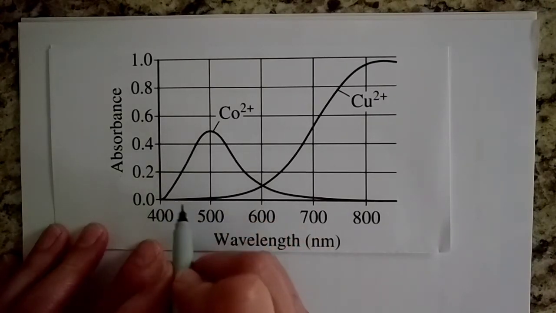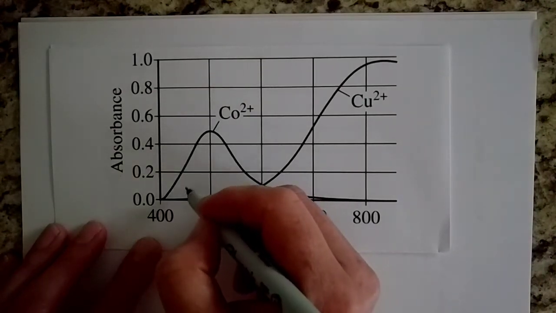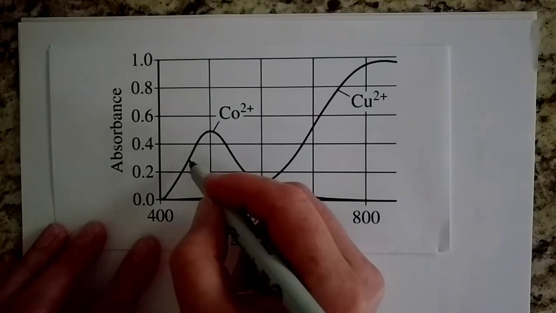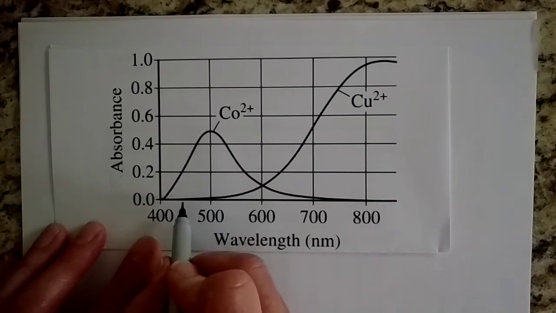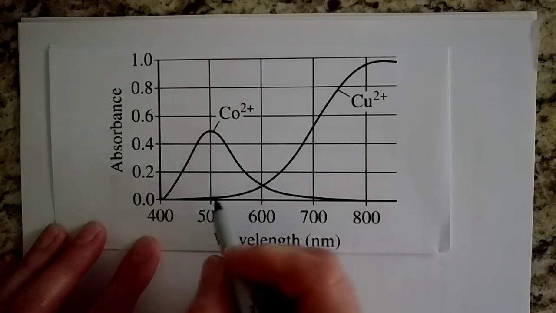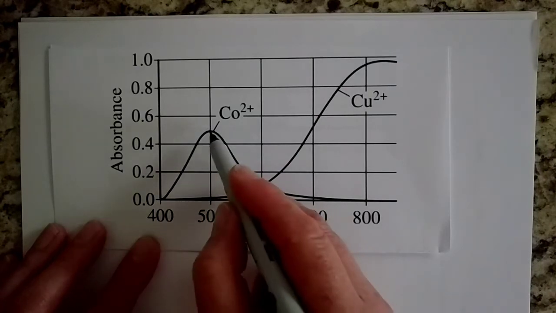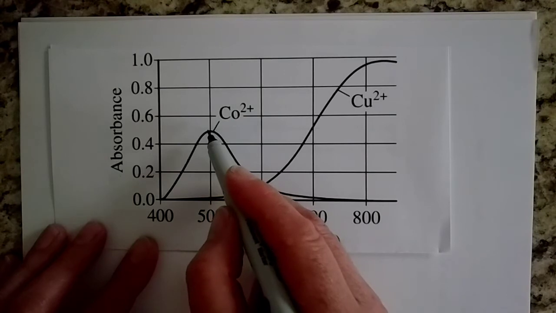If we move our wavelength on the monochromator to 450, now the cobalt is absorbing. We go up here, so maybe that's about 0.25. So our solution is absorbing at 450 nanometers. At 500 nanometers, with the same solution of the cobalt(II) nitrate, now we have our max absorbance. At this wavelength, we have the most absorbance of the light that goes through the sample.